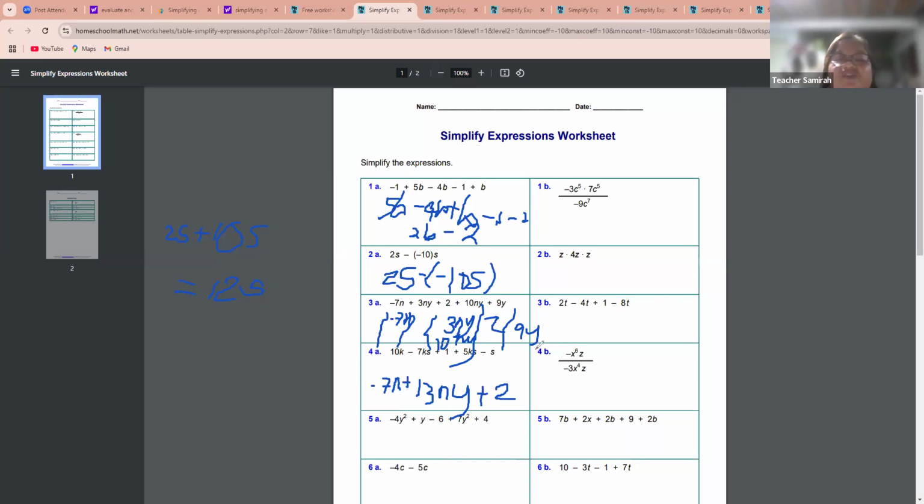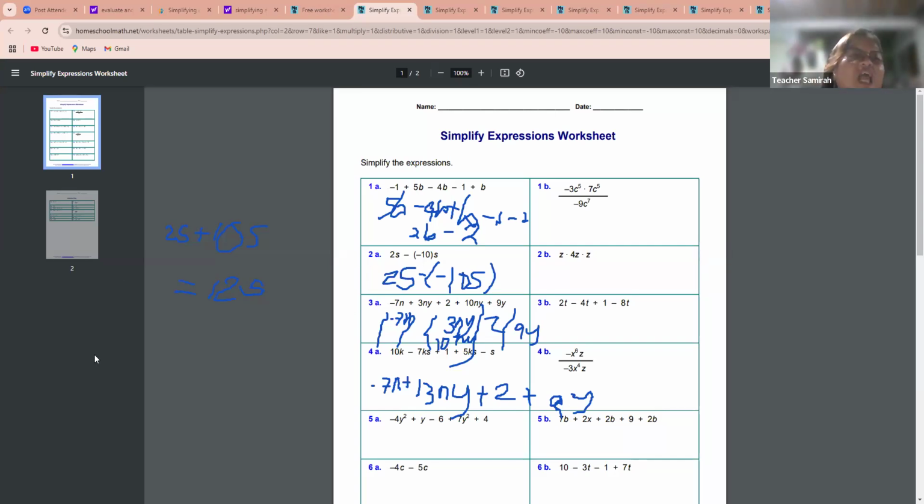Can you see any other term which has only a variable y? No, right? So we will write 9y only. We can also arrange it: the terms with n only, and then the ny, and then the y, and then the last would be the positive 2.